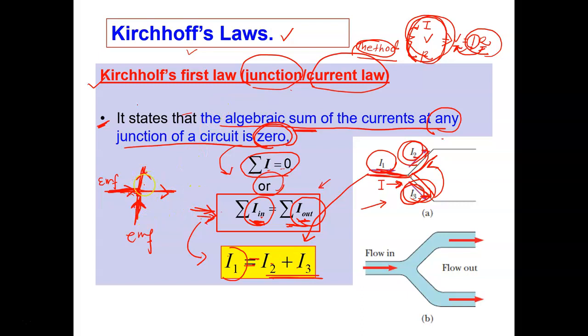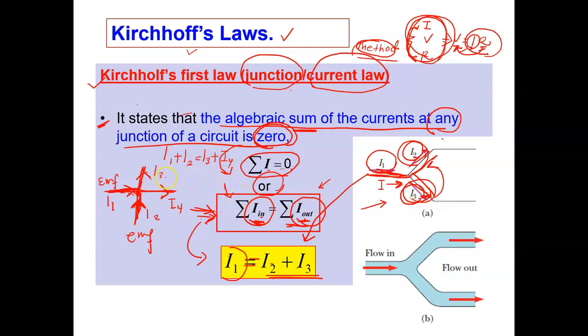So for let's say this is I1, this is I2, this is I3 and this is I4. When I write this by following Kirchhoff's law, I will have I1 plus I2 equal to I3 plus I4.